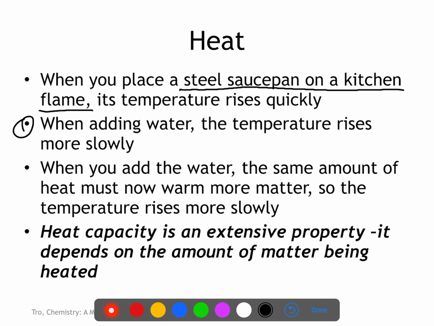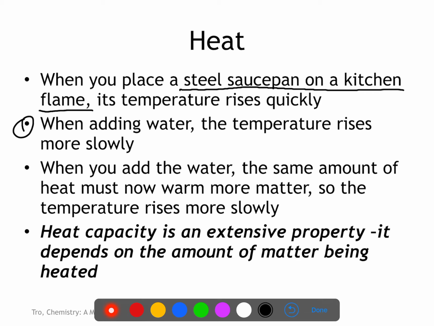What happens is that when you add the water, the same amount of heat must now warm more matter. At first you just have the saucepan, so there's less matter and the heat raises the temperature more quickly. But if you add water, you have more particles, so the temperature rises more slowly.